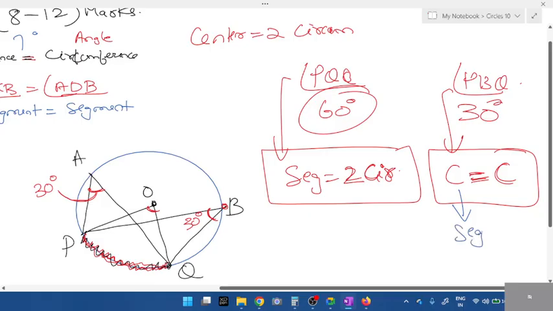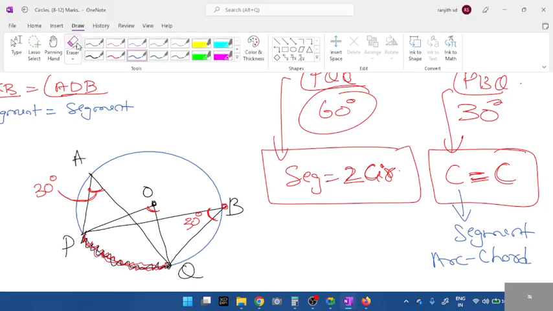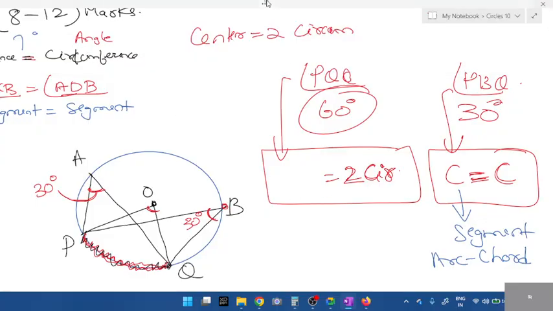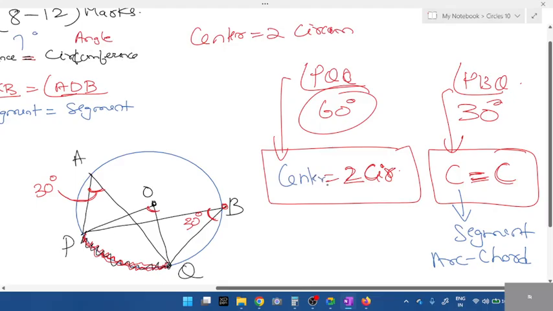Segment. A segment is made up of what? Arc plus chord. What about sector? Sector is made of what? Yes, arc plus radius.